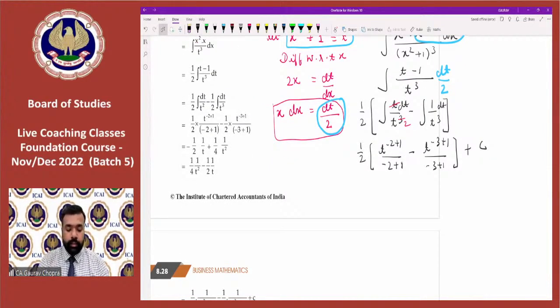Let's check. It will become minus 1 upon 2 and then t to the power of minus 1, then plus 1 upon 4 t to the power of minus 2, plus c.